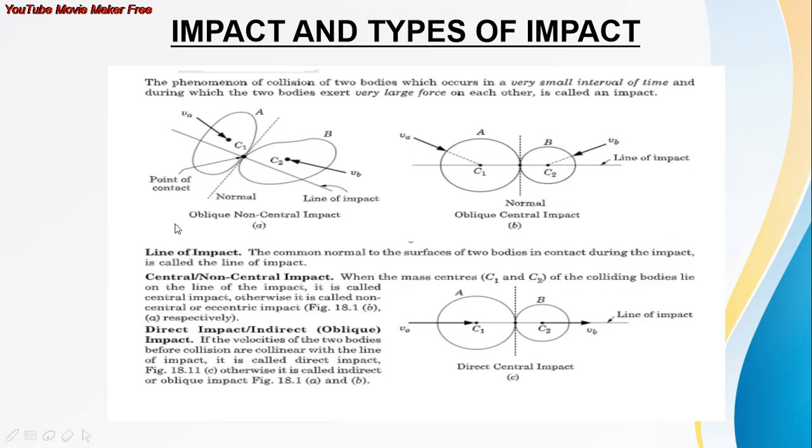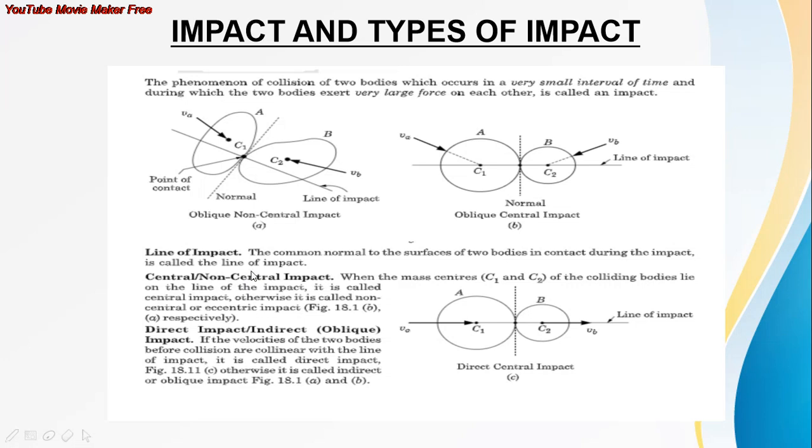You can see in this case the velocities VA and VB are exactly aligned with the line of impact. Then it is a direct impact. And if the velocities, like in this case VA and VB, and in this case VA and VB, are not aligning with the line of impact, that is known as indirect or oblique impact.